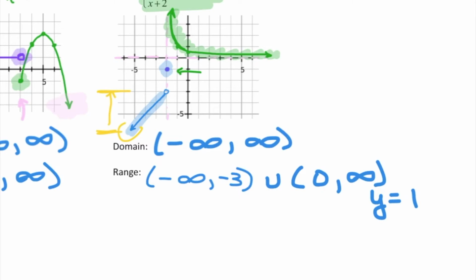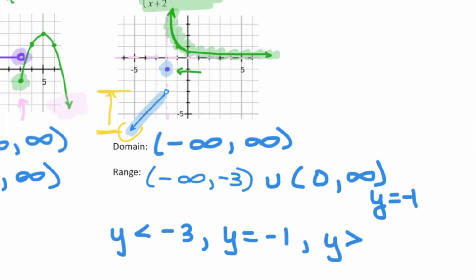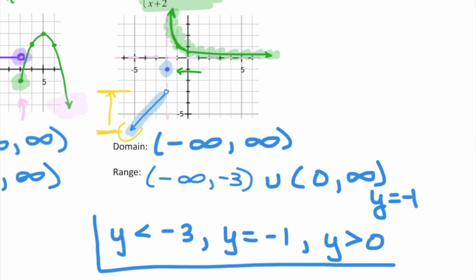Let's write this in set notation. Do not worry about this problem. Y equals -1 and y is greater than but not equal to 0. That would be your range, and it's ugly.